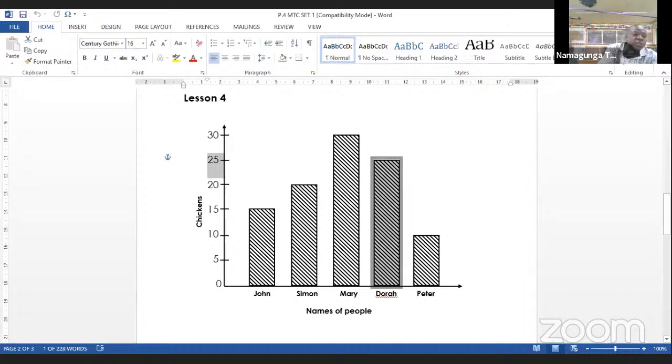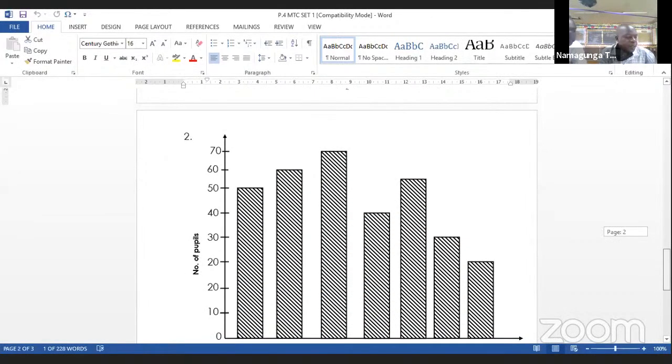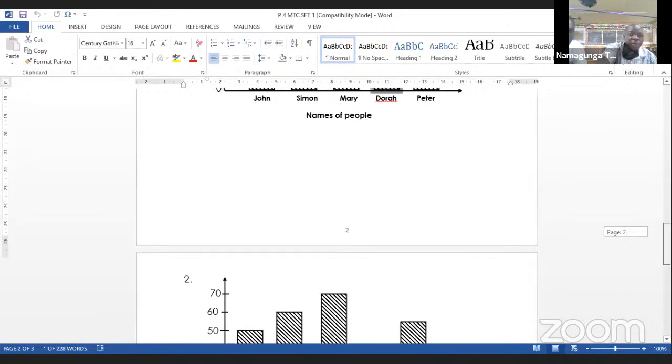Next question, that is lesson 4, drawing bar graphs, where we have to draw bar graphs. As we are drawing bar graphs here, we are given tables.